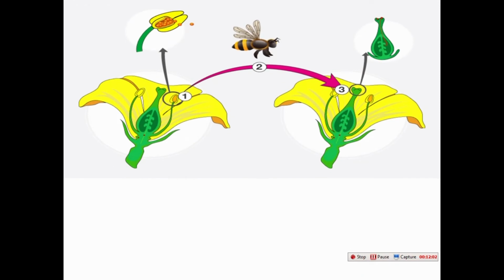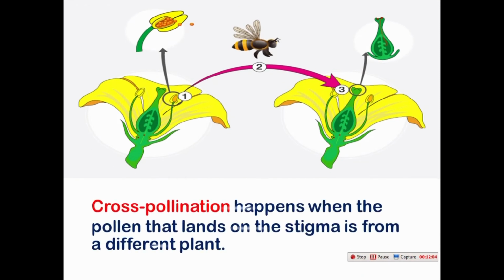Okay, here the other one is the cross-pollination. Cross-pollination happens when the pollen that lands on the stigma is from a different plant. So it involves two plants, and with the help of insects like bees, the pollen is carried by these insects and deposited on the stigma of another plant.